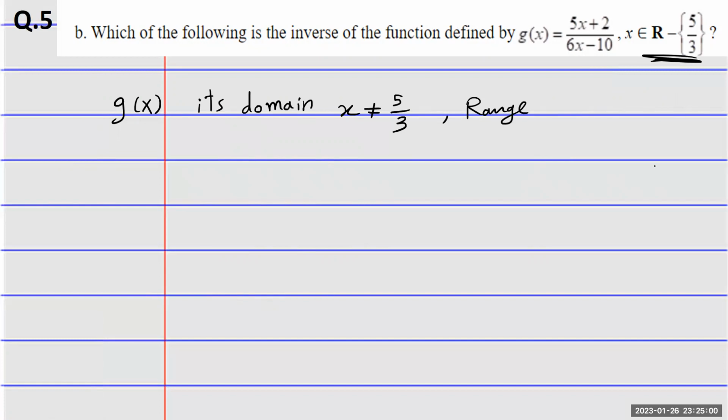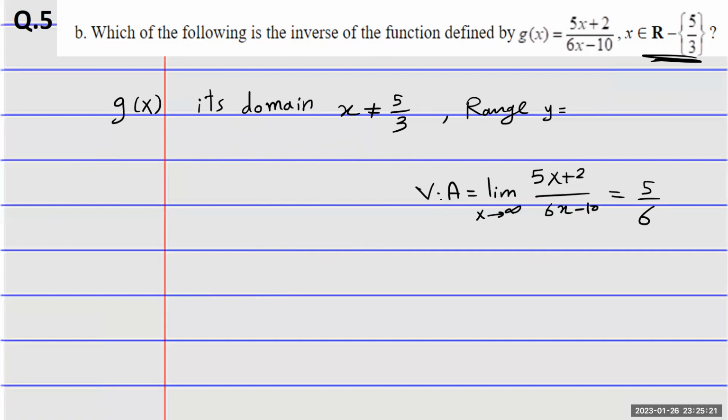this is a reciprocal function, and it always has a range y equals the horizontal asymptote. Before writing the range, the asymptote is the limit of the function, the limit of 5x plus 2 over 6x minus 10 as x goes to infinity. The limit here is 5 over 6.